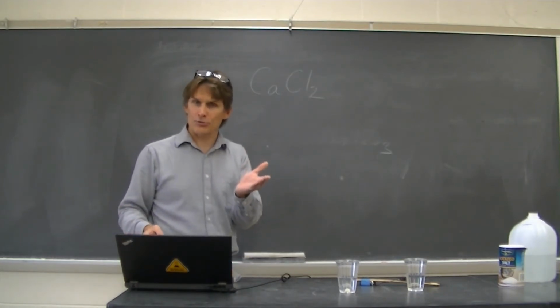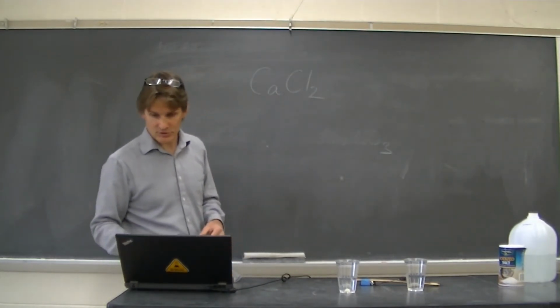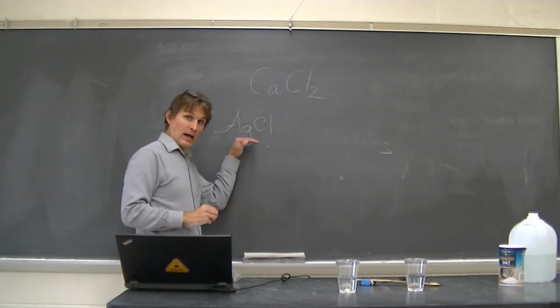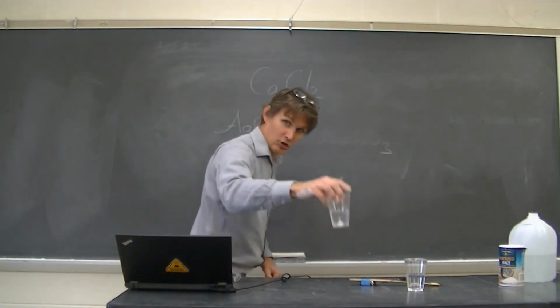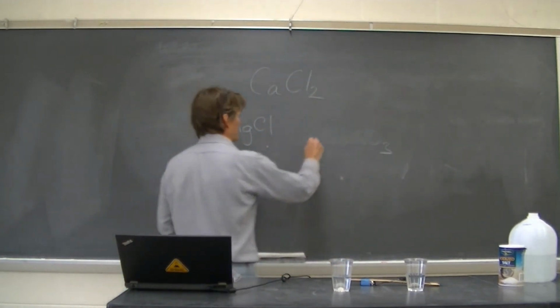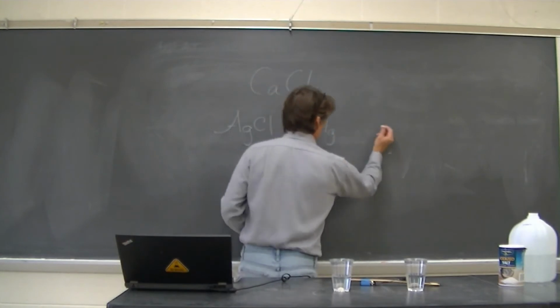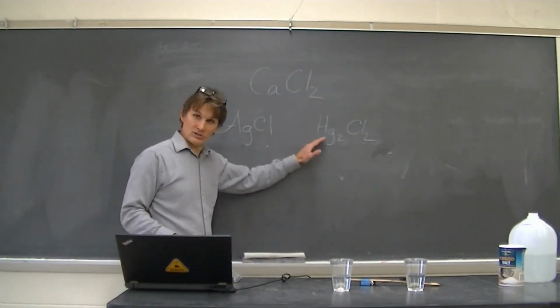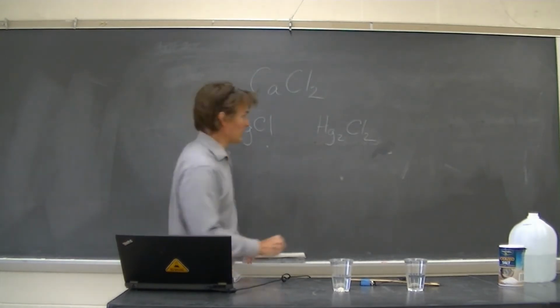But I need to check through the exceptions. The exceptions are silver chloride, which does not dissolve. This is more like the chalk in water. Another exception is mercury 1 fluoride, which does not dissolve in water. And the other one is lead 2.